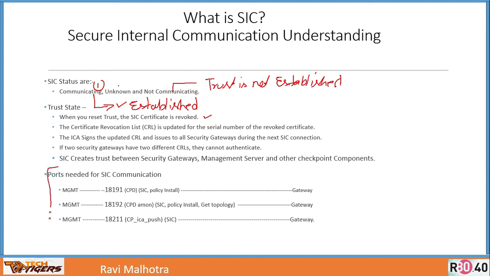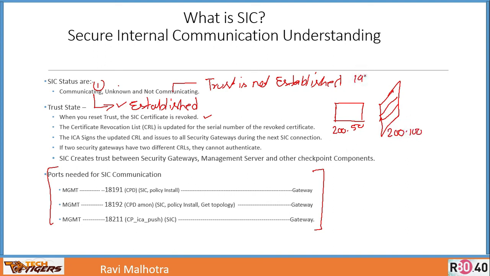This is a very important topic. What are the ports which are used during this initiation process? Let me just make a simple drawing for you. This is the management server, 200.50, and this is my firewall, 200.100.